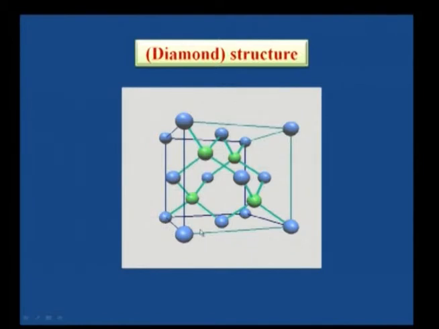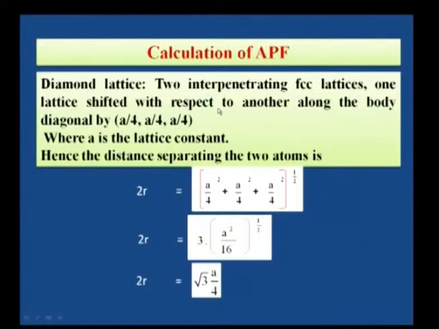We have been using the hard sphere approximation. By this what we mean is, the two atoms in the BCC, FCC or the diamond structure should be touching each other.